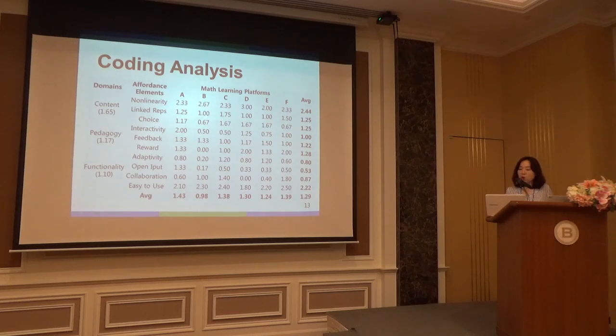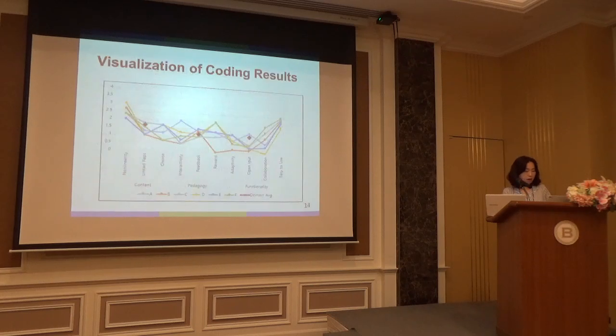So as a result of coding, let me show you, maybe this would be better seen. This is the graph, the visualized representation of the coding result. The maximum score was 4 for each domain, and the lines of different colors represent the math learning platforms.